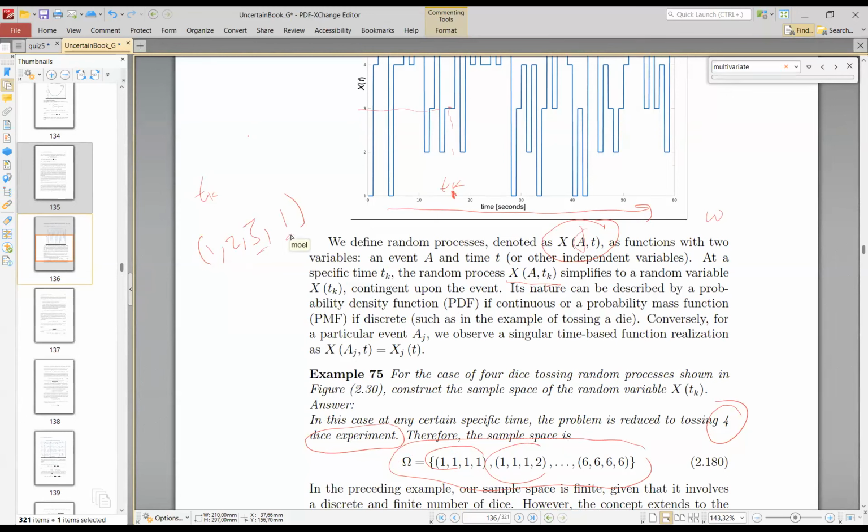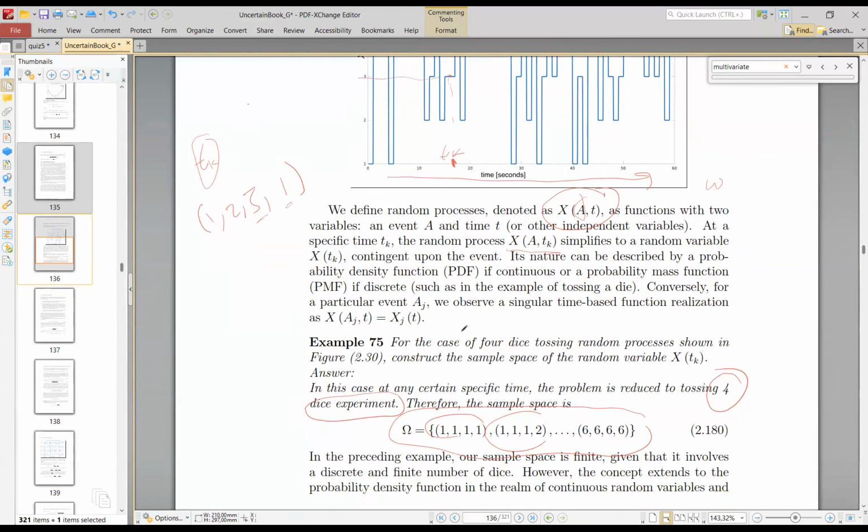So now we have one time realization. When we fix the time, what we have is just a random variable containing the outcomes of 4 dice. But this will be valid only at a certain time.